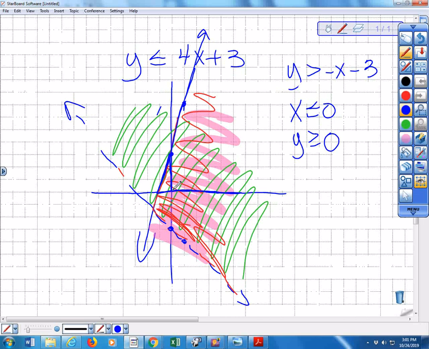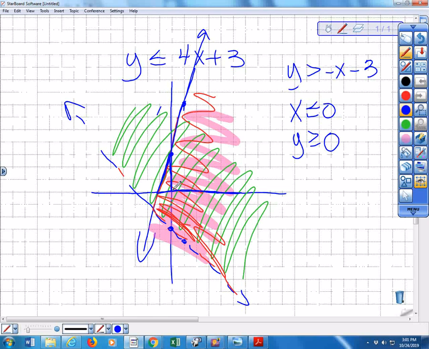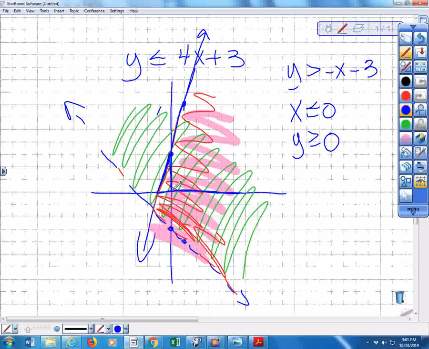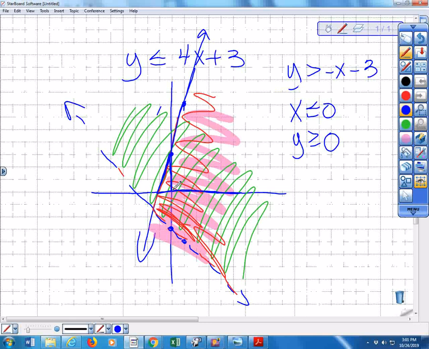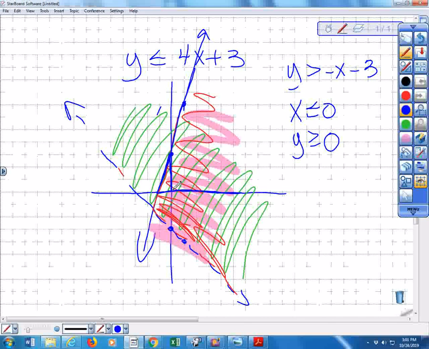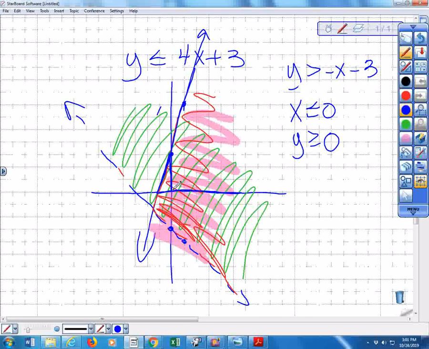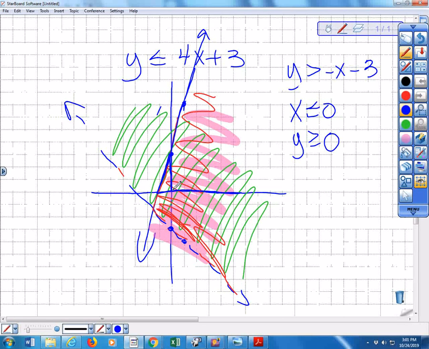Yep, and it'll ask you, like question 1 says something like, what is the feasible region? So it wants a shape. In this case, my shape would be a triangle. Then it asks you to name the points of the vertices of this triangle.